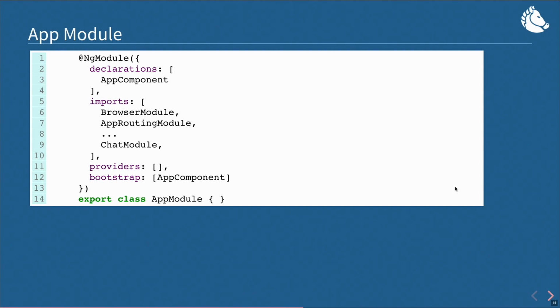It has an import section, and this is where we say what other modules we depend on. So anything that these modules export will now be available to everything inside of this module. And you can see I imported the browser module, which is the Angular API itself that works with the DOM.